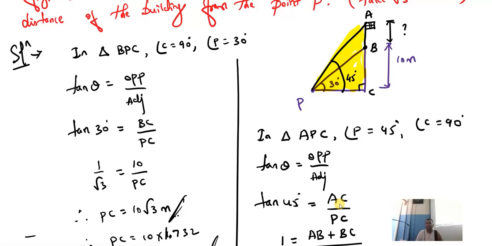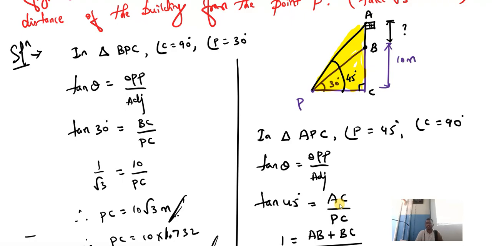First step: let the height of the building be BC. Next point: let the height of the flagstaff be AB.